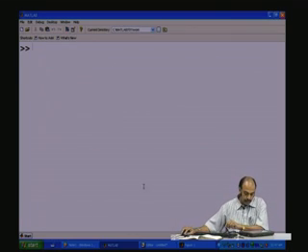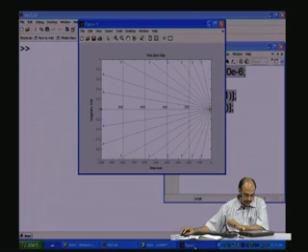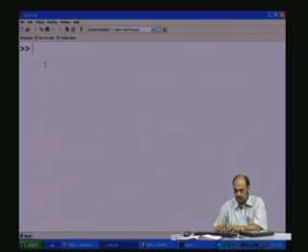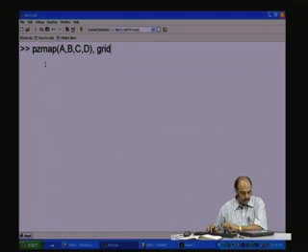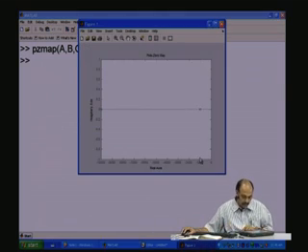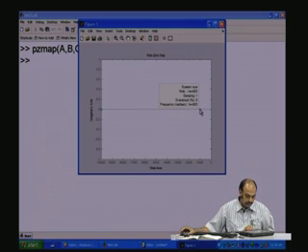Clear the screen. Now, just before that, we again look at the figure and see that this pole is at minus 1000. And if you now see for the new model with changed parameters, you see that there is a pole here at minus 1000.